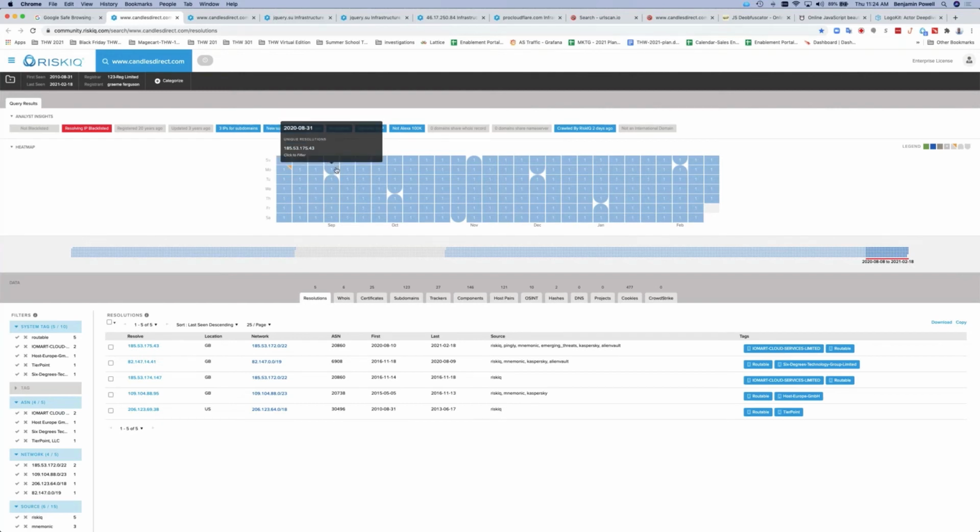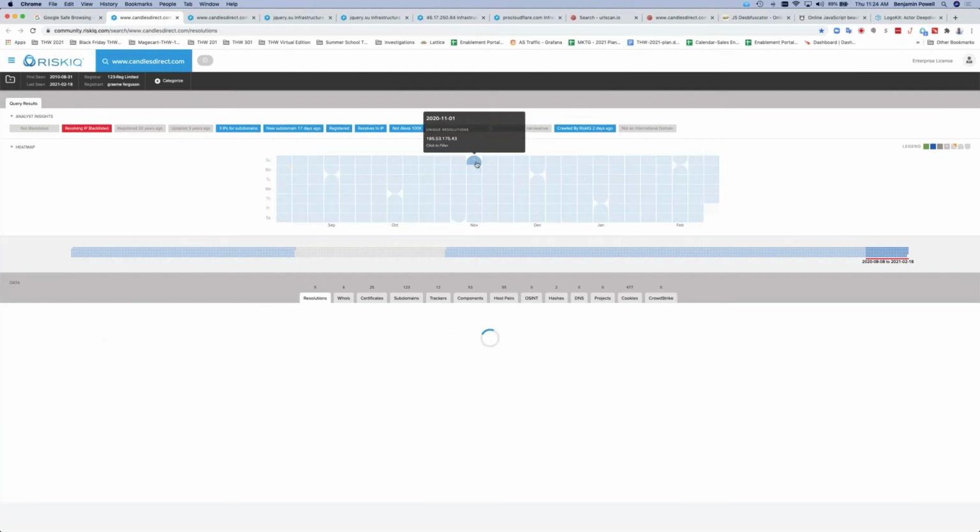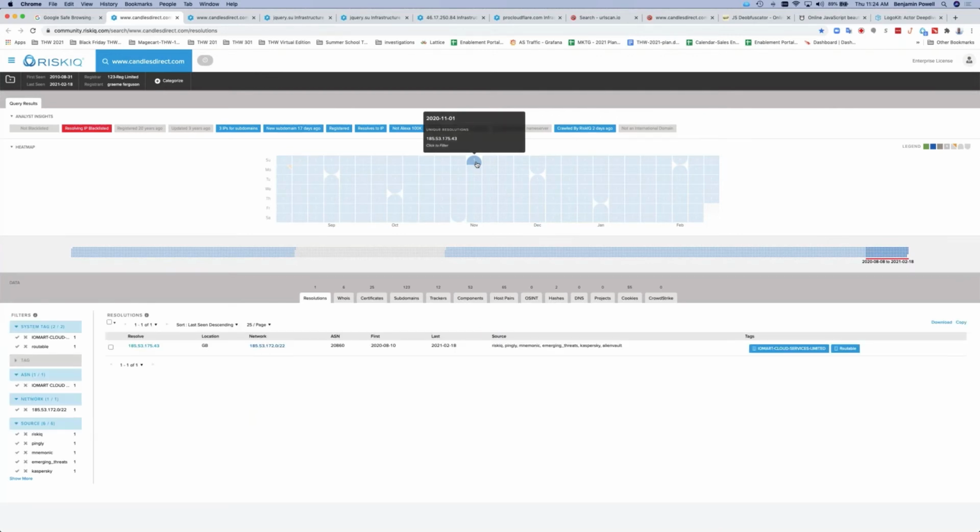If there's a curve on the bottom of one of the squares here, that means it's the end of the month. If there's a curve on the top, that's the beginning of the month. And we can filter the results of what we see on the screen by selecting one or more squares. So if I select one square and then I hold my shift key down and I select another one, it will give me that range and it will filter to show me those results.